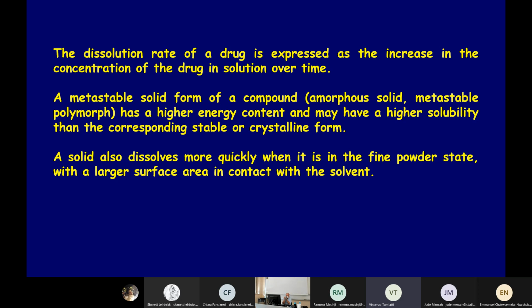And it is necessary to spend energy in this case. With an amorphous solid, the solubility can be performed very fast and faster than the crystal form.